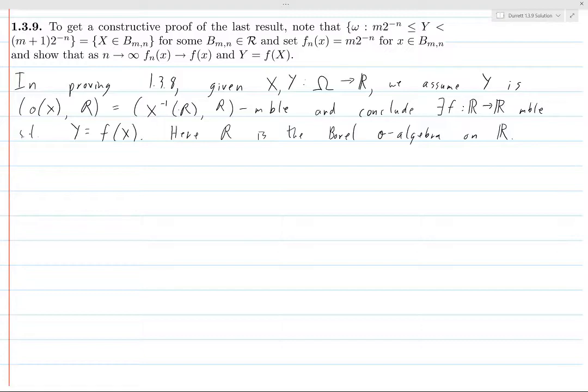And then all we need from there is, so this X inverse R, as is talked about in the textbook, is referred to as sigma X, because it's a sigma algebra in omega, which is sort of not like generated by X, because typically when you talk about a sigma algebra being generated, you take a collection of sets and you talk about a sigma algebra generated by a collection of sets.